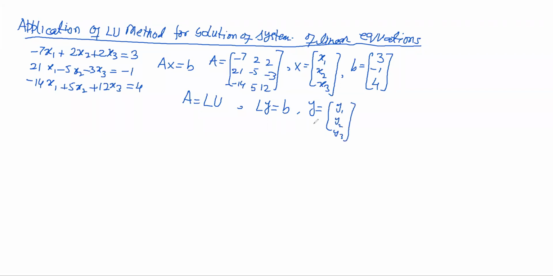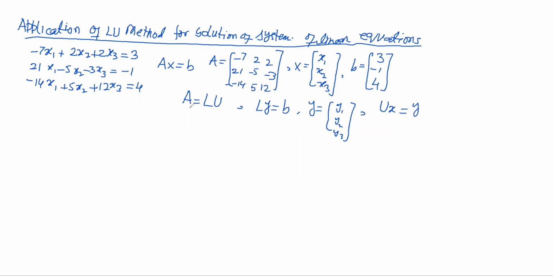This solution will be easy because we just have to apply forward substitution. And then we will solve another equation, Ux equals y, by back substitution. Y will be known from the previous step, so the unknowns x1, x2 and x3 can be found from these equations.